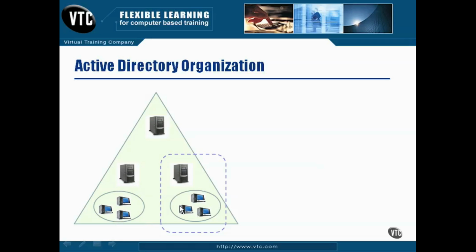Let's say that this domain controller and these clients are on a section or subnet of the network that is either far away from these other ones, or there's not a reliable network link between this group of computers and all the other ones. That's going to be problematic. For example, with Active Directory replication, we don't want this one to try to reach across a wide area of slow link and authenticate to this server and so forth.